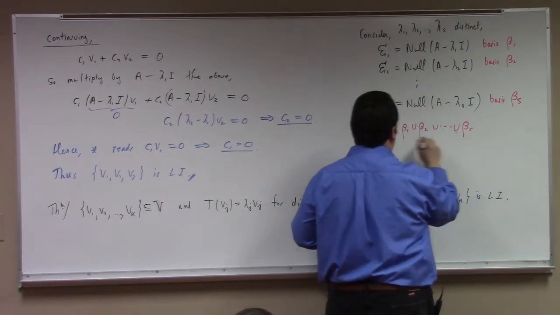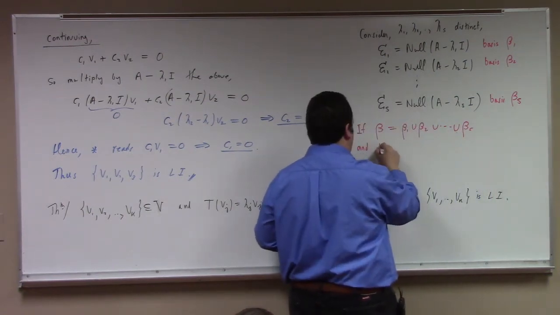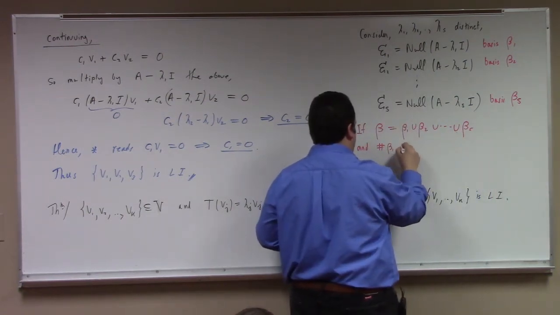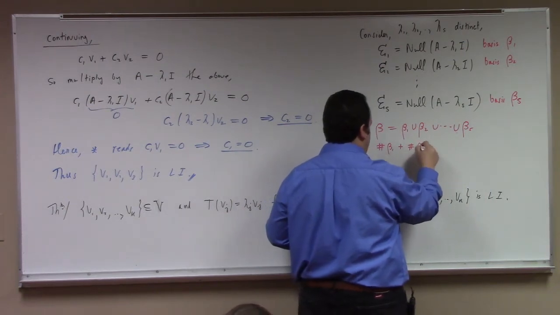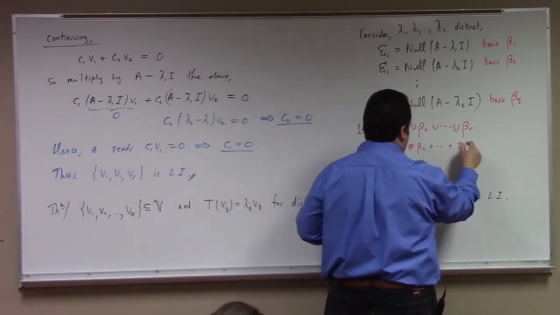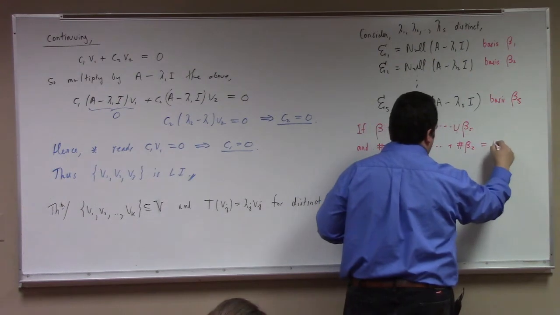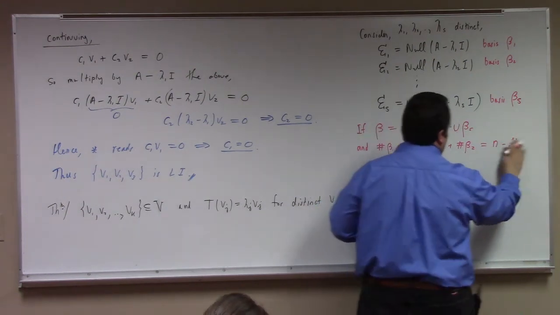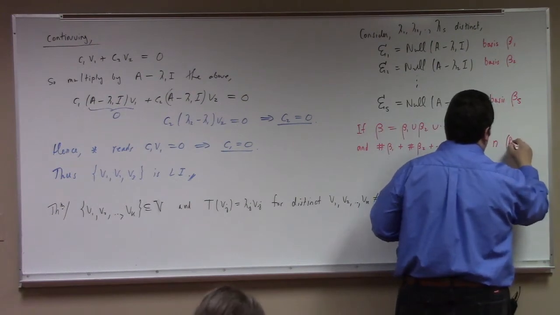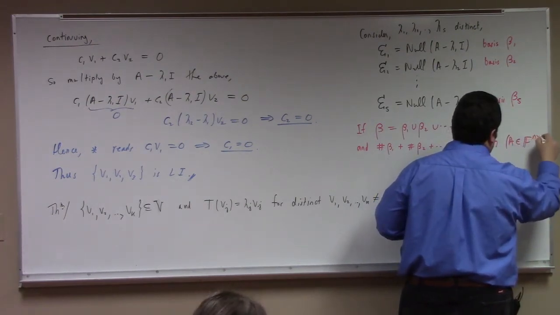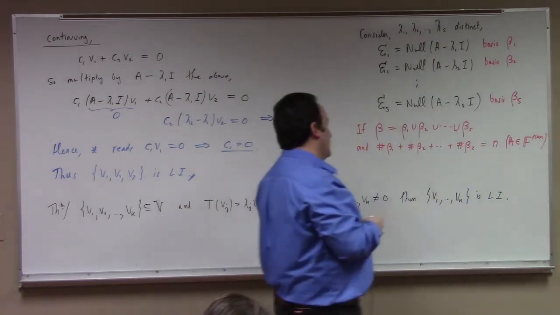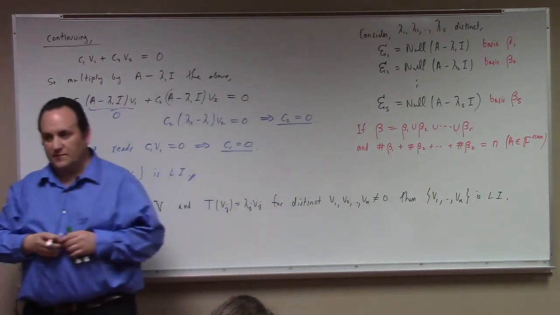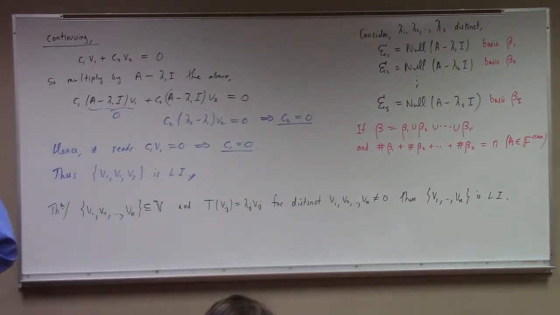And the number of things in beta 1 plus the number in beta 2 plus the number in beta s, if that's equal to n, where I'm assuming A is n by n, do you see how you'd be able to prove that the union of those is a basis?